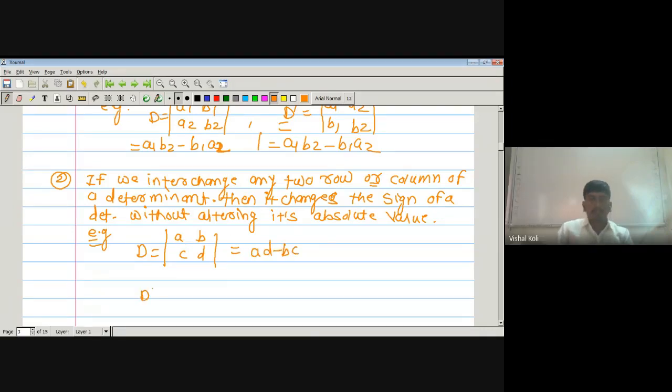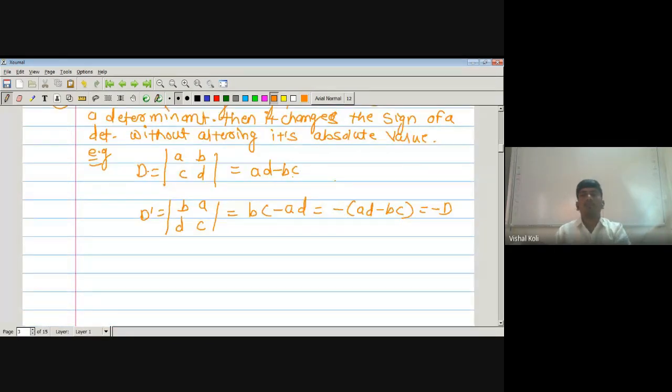Now we find D dash by interchanging the columns: first column becomes the second and the second becomes the first, giving B, D and A, C. Its value is BC minus AD, which is minus of (AD minus BC), which is minus D. So interchanging any two rows or columns changes only the sign, with no effect on the absolute value.